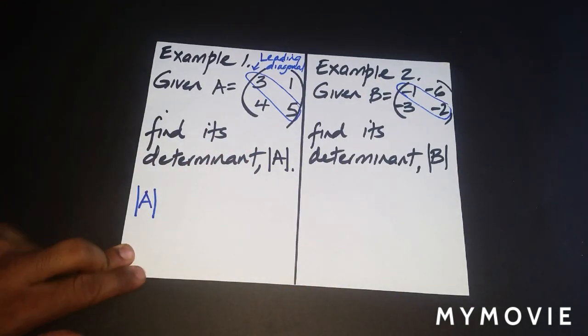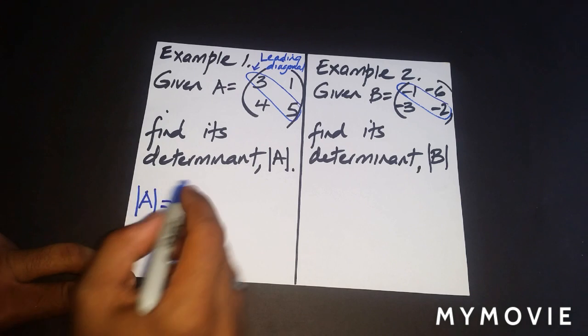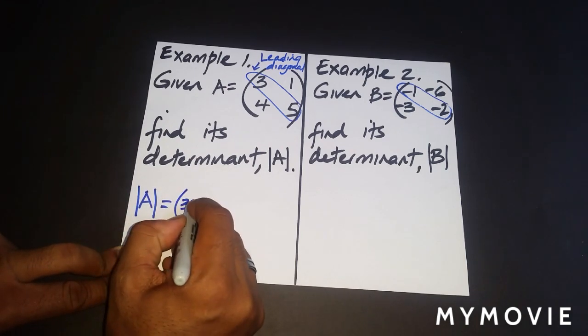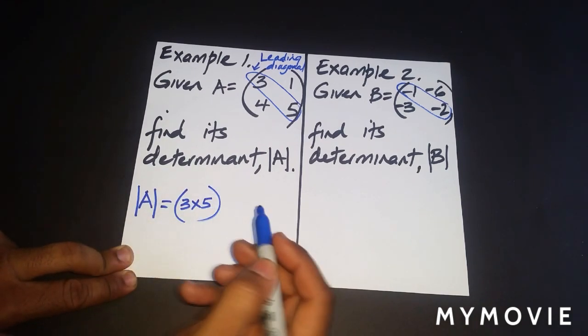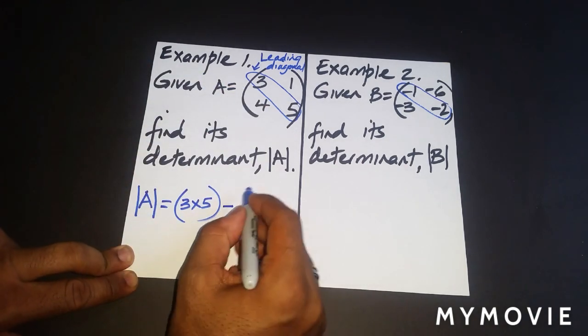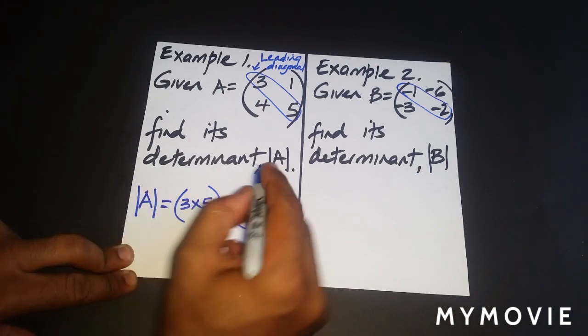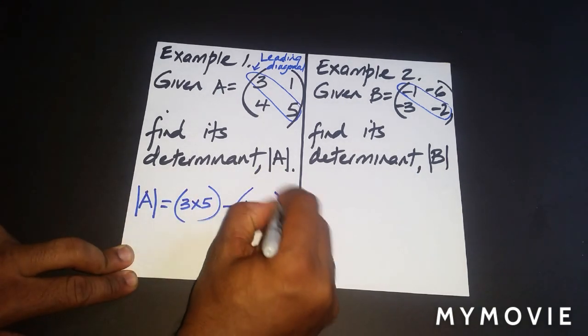Now, it's very, very simple, very, very straightforward. The determinant of matrix A would simply be equal to the product of the elements in the leading diagonal, which would mean 3 times 5, minus the product of the other elements in the non-leading diagonal. So it would be 1 times 4.